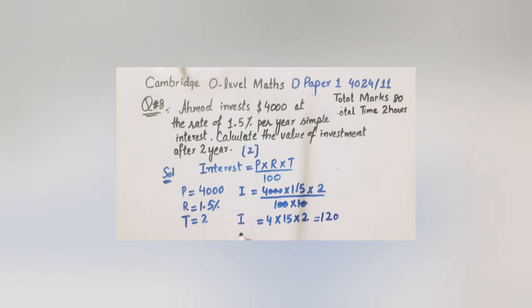Now the total value of the investment will be P plus I. The value of P is 4,000 plus I is 120, both will be added. So this is 4120. So after 2 years he will get 4120.